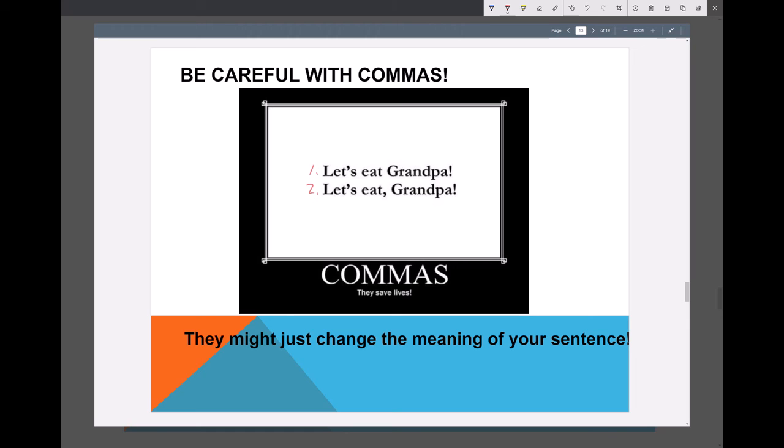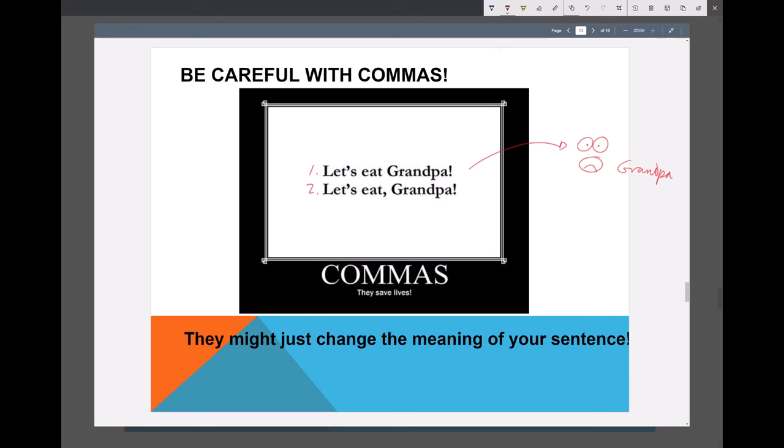Yes, if you think that sentence 1 means, oh, okay, we're going to need to eat grandpa. Uh-oh, that's not good. That's scary, see? So this one is telling the reader to eat grandpa. No, that's not good. We're not cannibals. We don't eat people.